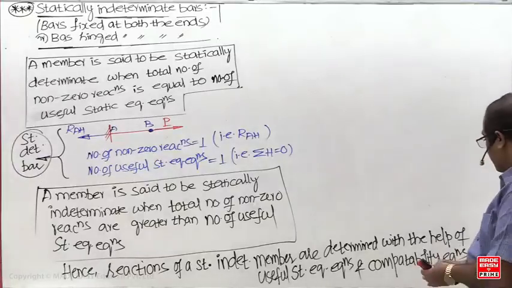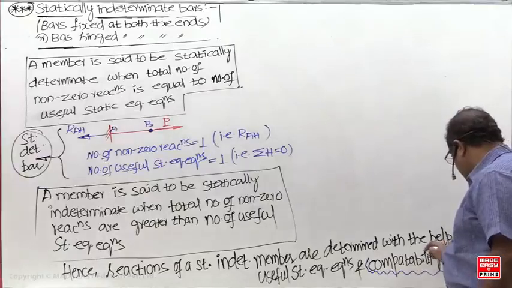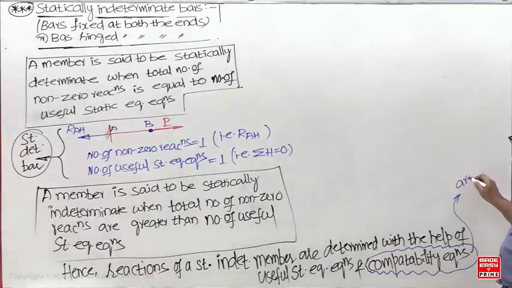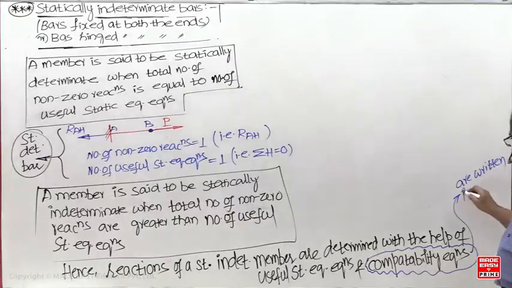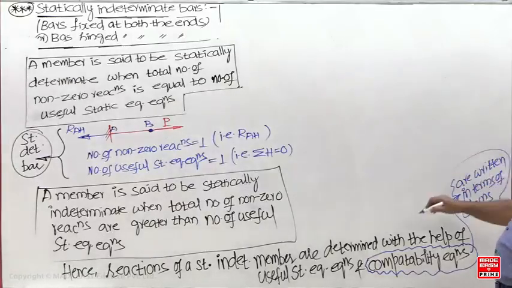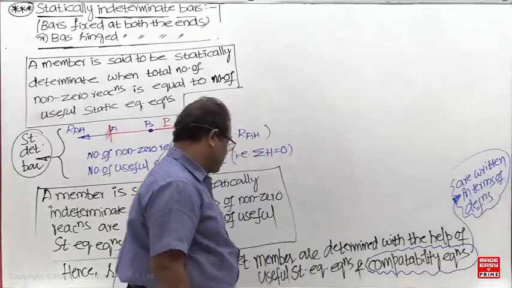So these compatibility equations are written in terms of deformations, or deflection. In bars it is deformation; in beams it is deflection.